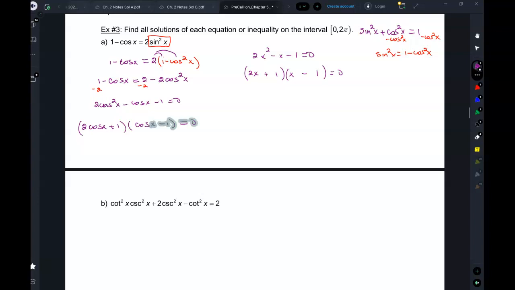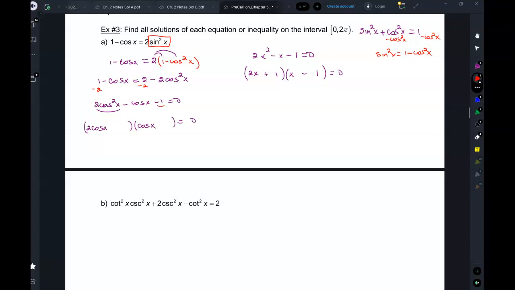So you know what? Let's see how we would have done that. Equal to 0. I need a 2 cosine squared, 2 cosine x cosine x, right? That multiplies to cosine squared. Now, how can I get a minus 1?